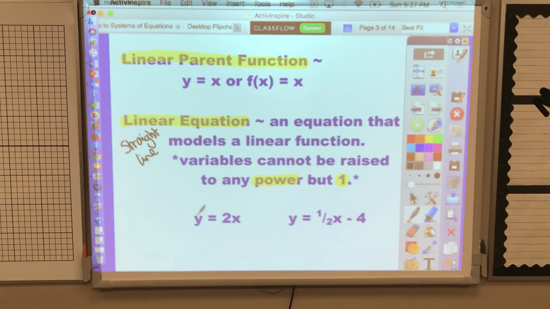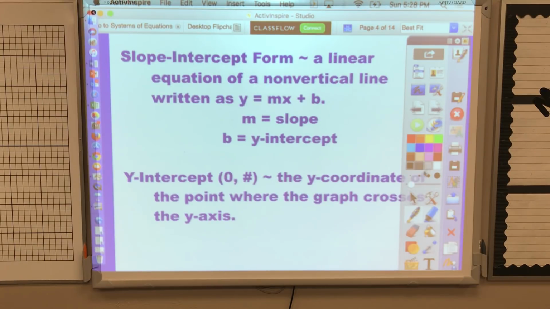So some examples are y equals 2x. This is one of those direct variation ones you learned about in lesson 5.2. This other one is the type we're working on today: y equals 1/2 x minus 4. This x doesn't have a different exponent, so the exponent there is 1, making it linear. And this is an example of slope-intercept form that we're going to learn about right now.